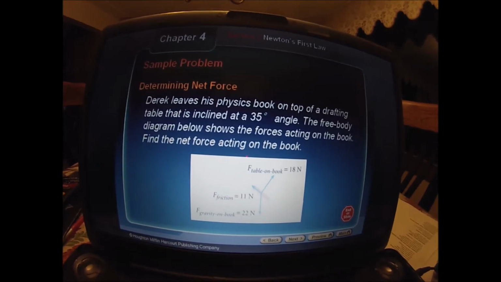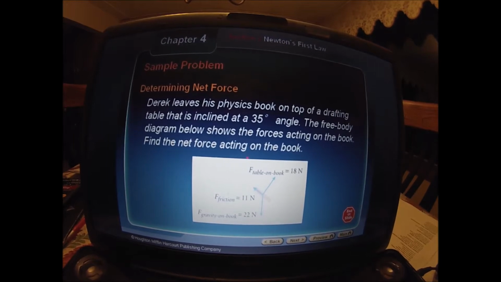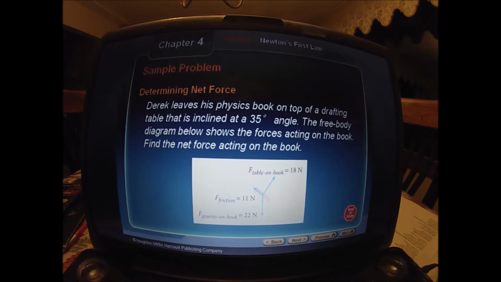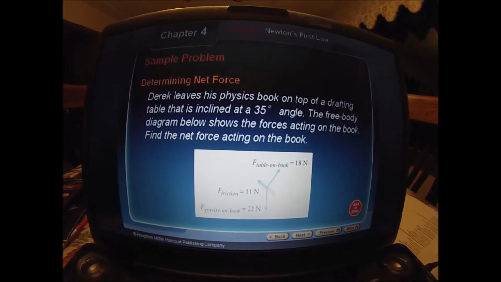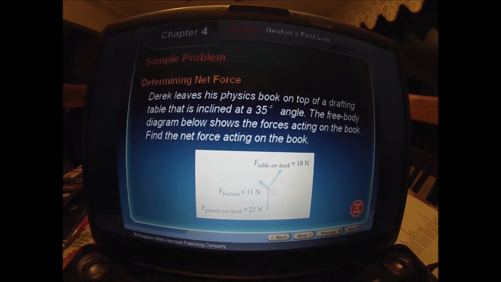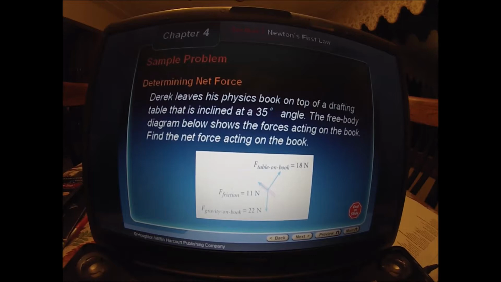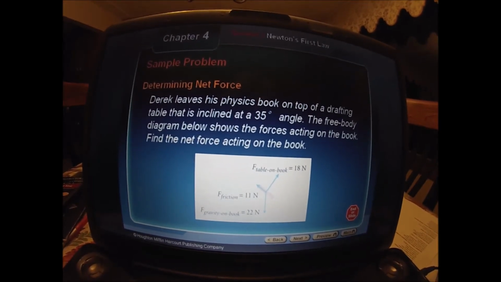What will happen? Well, we're showing that the table is pushing up on the book, and that is considered the normal force, at 18 newtons. Gravity is pulling down on the book at 22 newtons. And the force of friction acting on the book, which is parallel to the inclined table, is 11 newtons.